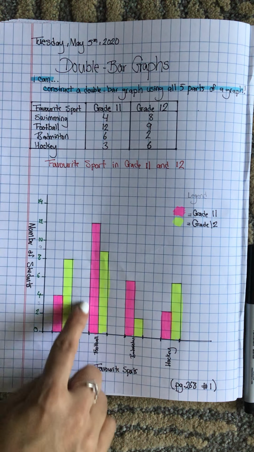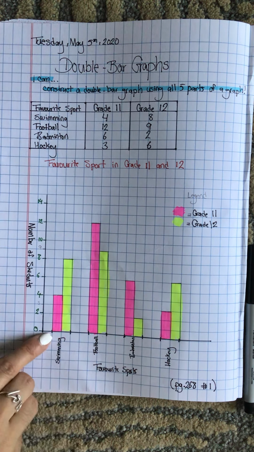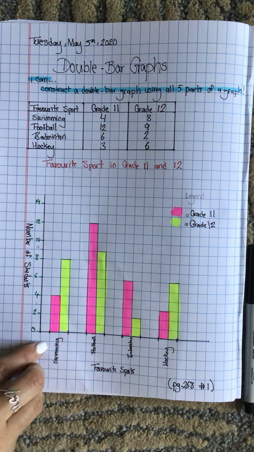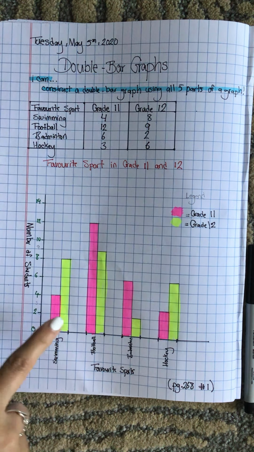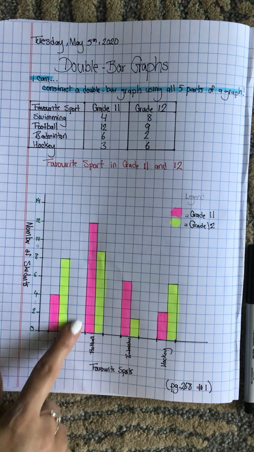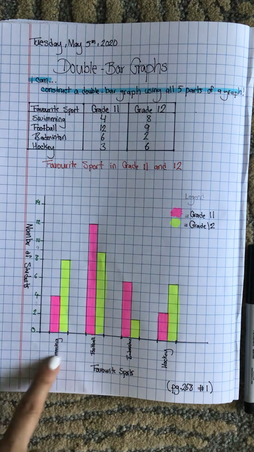I know that 4 students in grade 11 like swimming and 8 students in grade 12, but I want to know in total. As soon as you see total, you know you're adding something. So I need to add 4 plus 8. What's 8 plus 4? 12. So I can say 12 students in total like swimming.